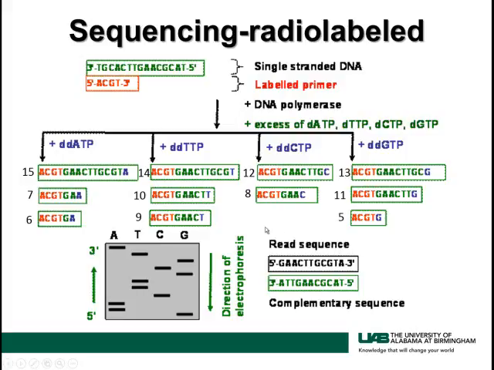Now, you run the gel, for which you have generated 4 wells. In the A well, you're going to run the A reaction, then the T reaction, the C reaction, and the G reaction. They're going to separate out based on size, as I put the numbers in, right?